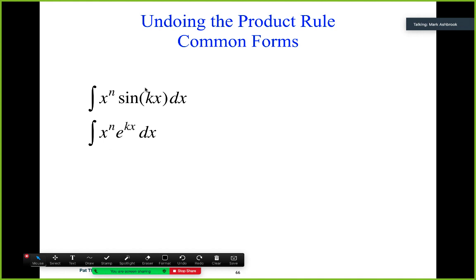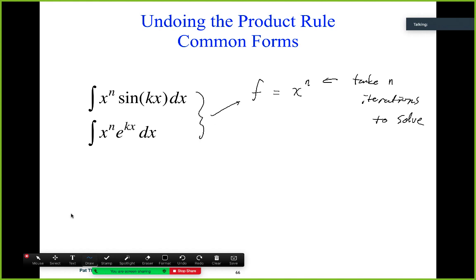So we said in these cases, you're going to make f equal to your x to the n, and then it's going to take n iterations to solve. That's what we said for these.